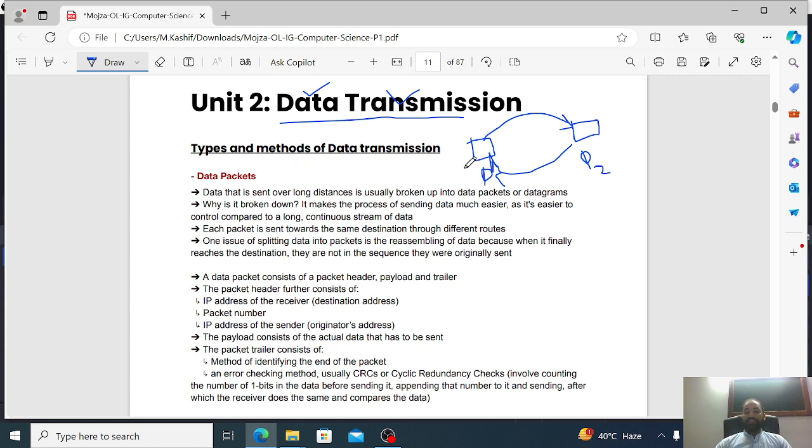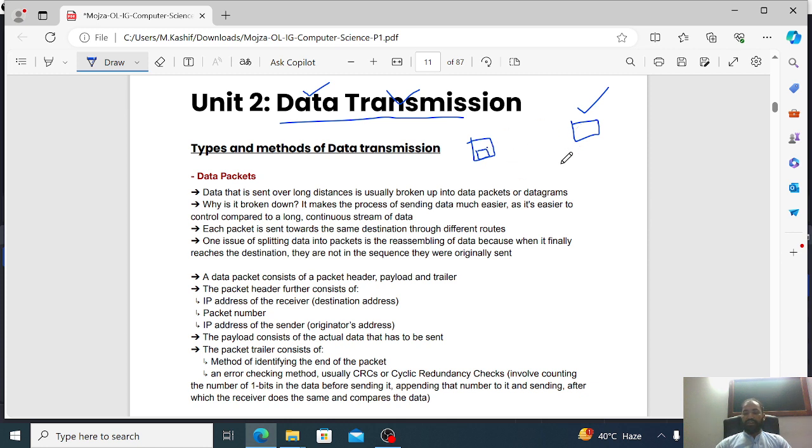So, the next question that comes to our mind is, how will the data be transferred between these two devices if we have set an internet connection between them? So here in PC1, I have an image or a text file or video file that I'm going to share with PC number 2.